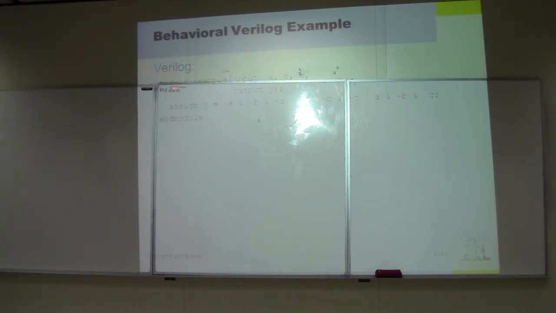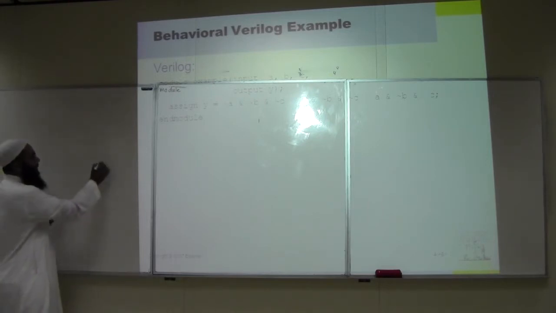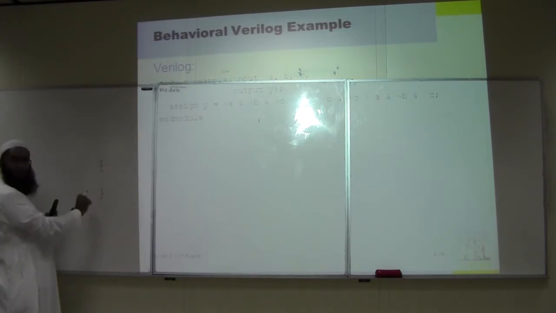Now the module will finish with endmodule. With the word module you start your module, and the word endmodule means the end. For example, in C you write within 2 brackets.